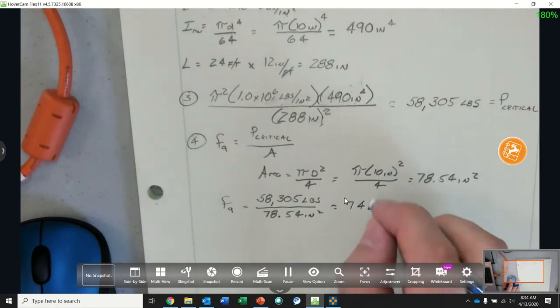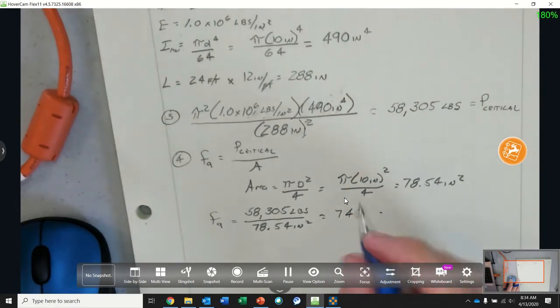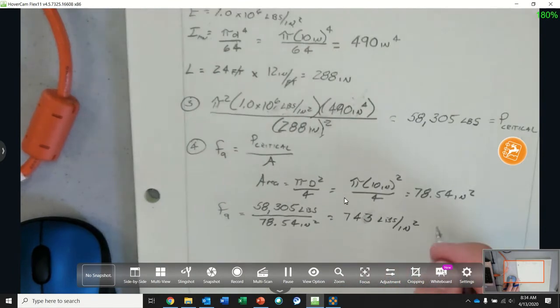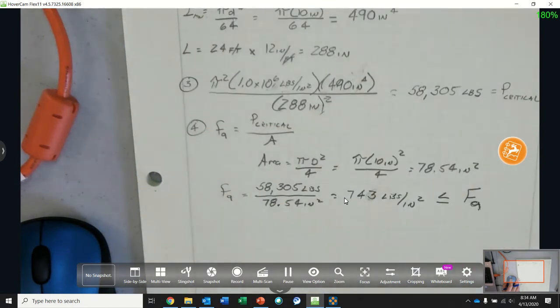So I'm going to round it up, 743 pounds per square inch, and that has to be less than or equal to my allowable stress. Okay, that has to be equal to or less than allowable stress.